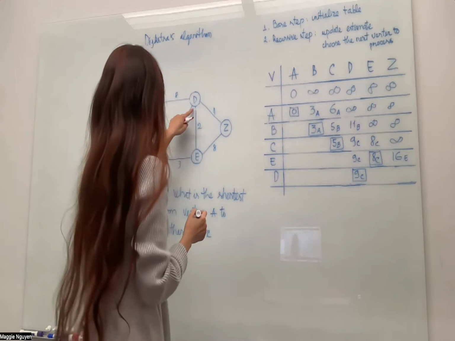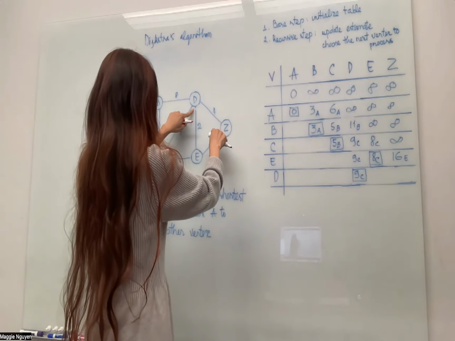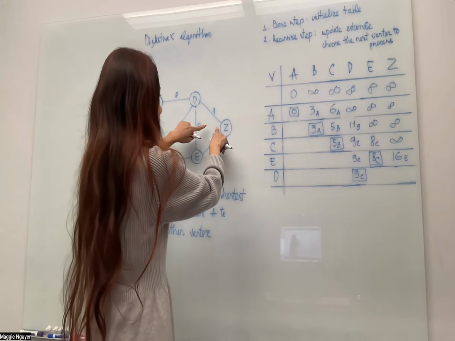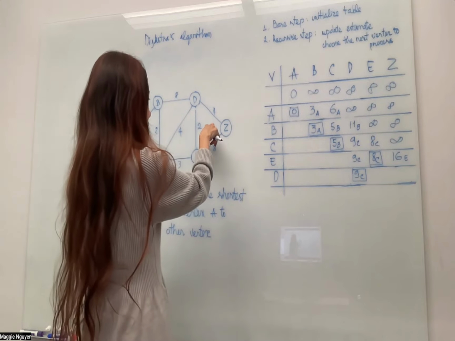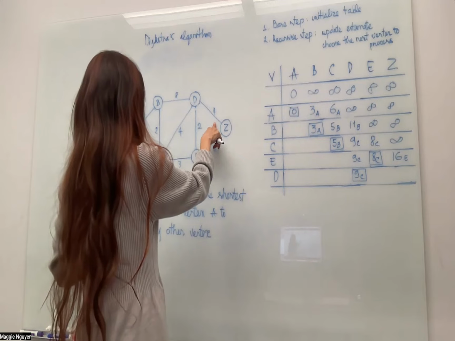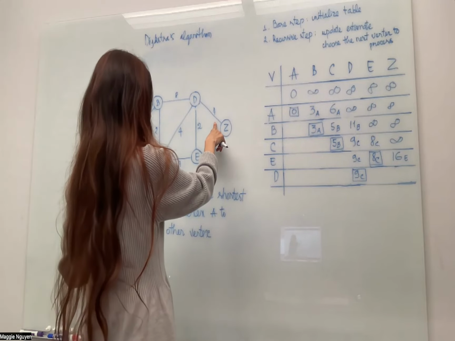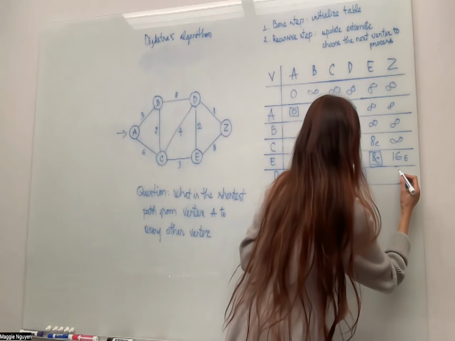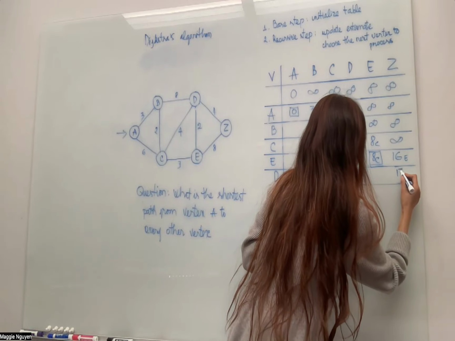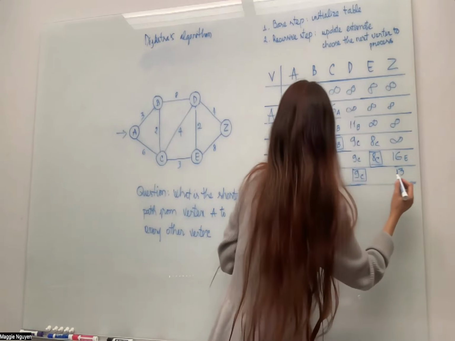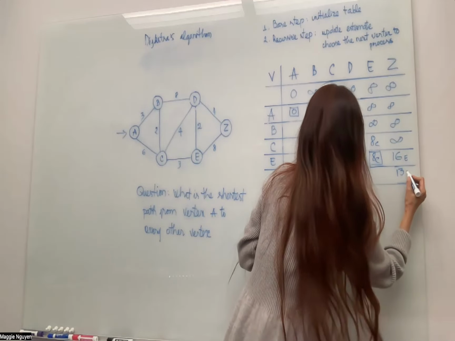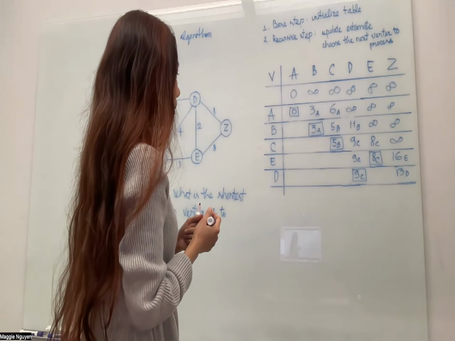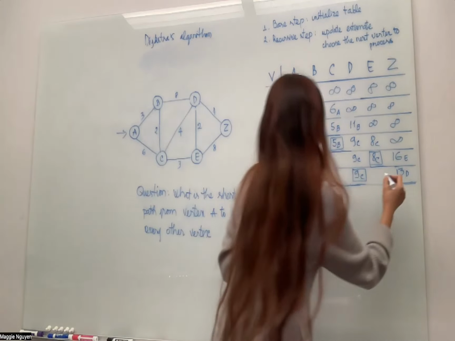From D, we can go to Z. D right now is 9, to Z is plus another 4, which is 13. 13 is better than 16. So we update this from D. So now we're done.